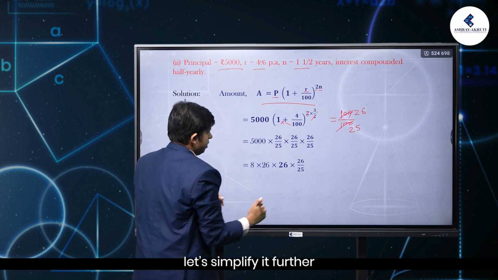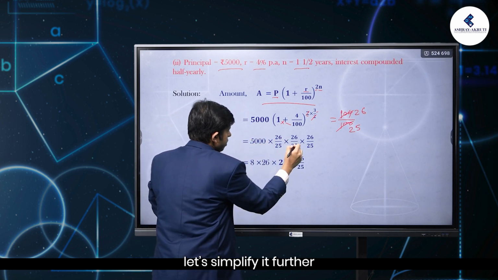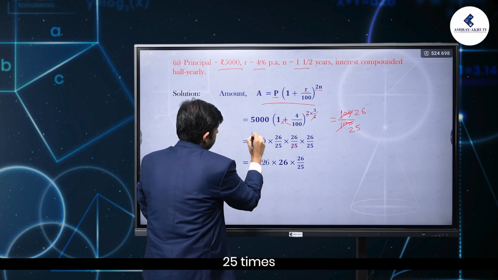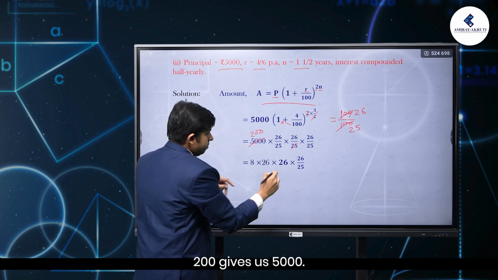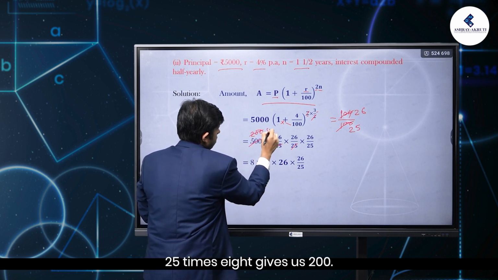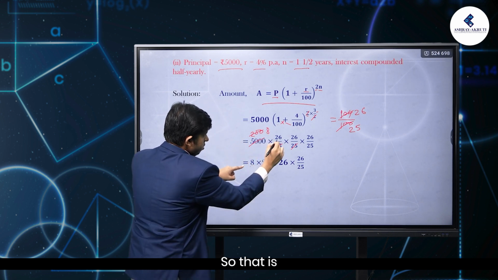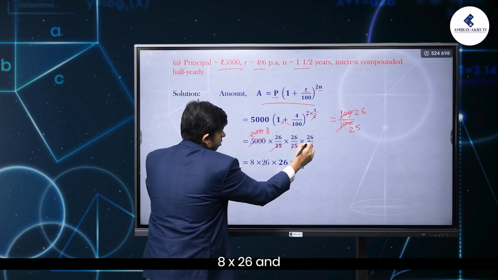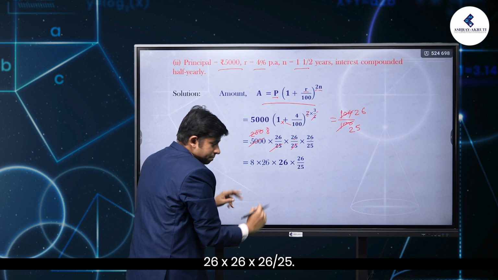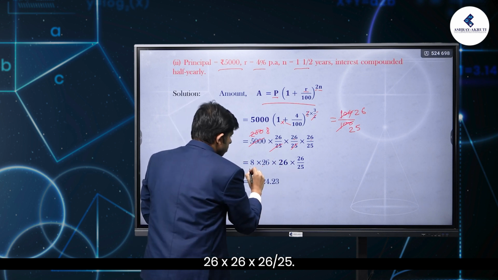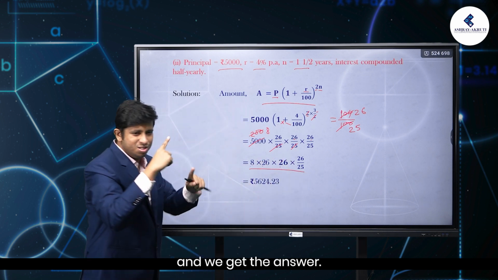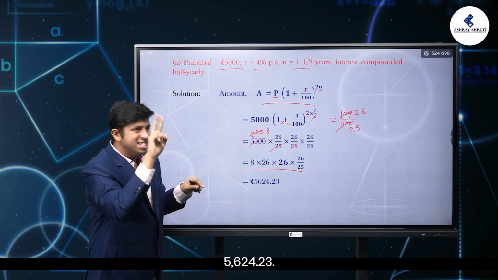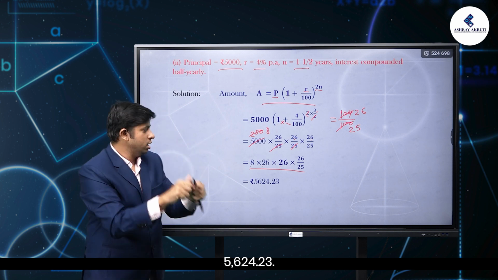Let's simplify it further. 25 times 200 gives us 5,000. 25 times 8 gives us 200. So that is 8 into 26 into 26 into 26. We further simplify this and we get the answer 5,624.23.